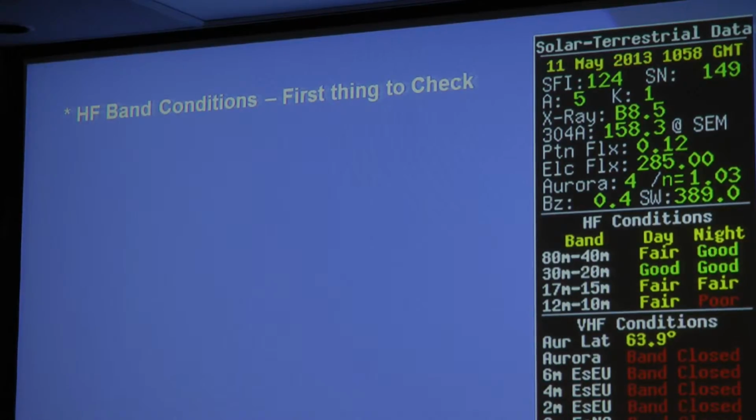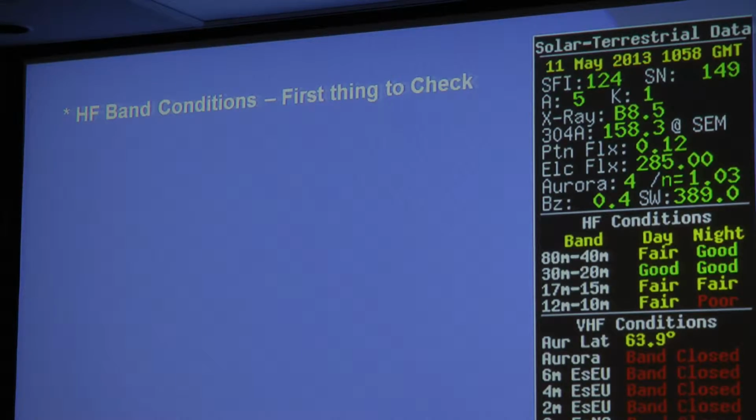It says 80 meters fair, 40 meters good, 30 meters good, 20 meters good, 17, 15, 12 is fair, and 10 is poor. Why is that? Low sunspot, and the sun's not up. So we don't have any ionization going on, so the high frequencies aren't open up, and that's what's going on.